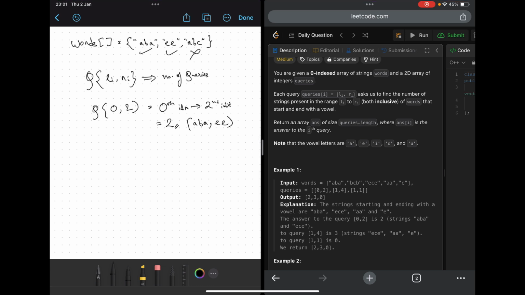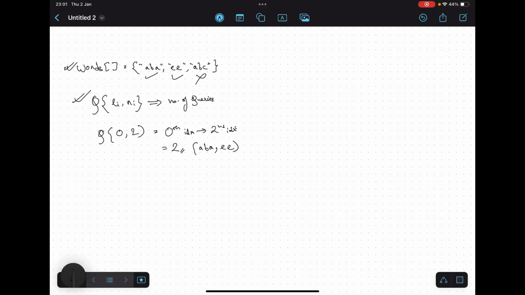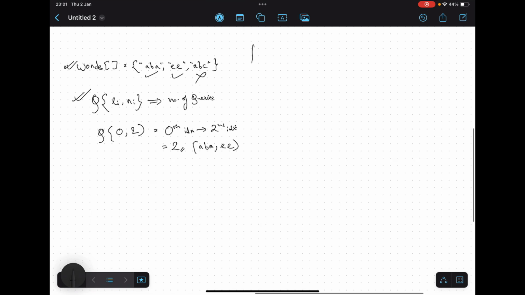So we will be given an array of these queries and also the array of strings which is words. Now let's see how we can solve this. As I said, it is very similar to the question that we solved yesterday, which was of prefix sum.